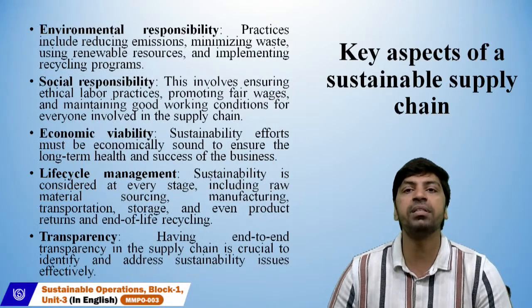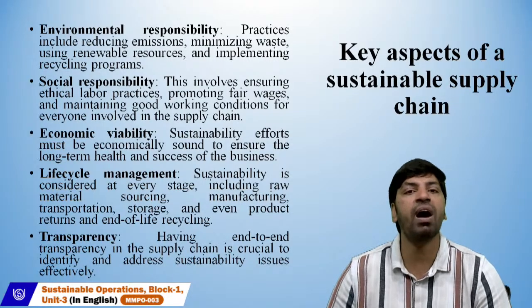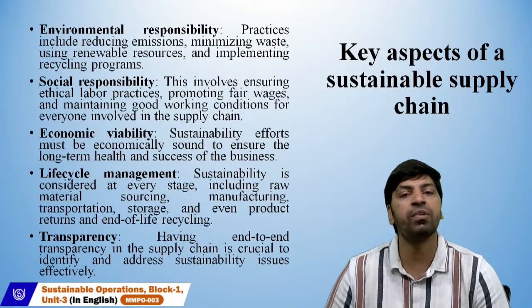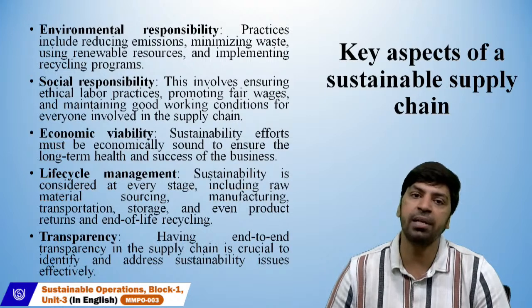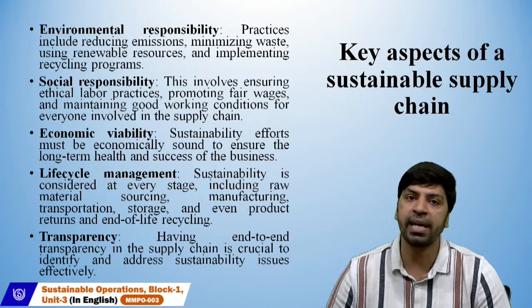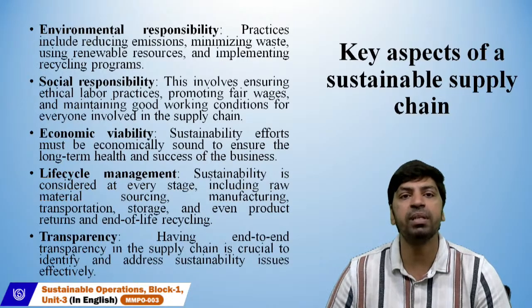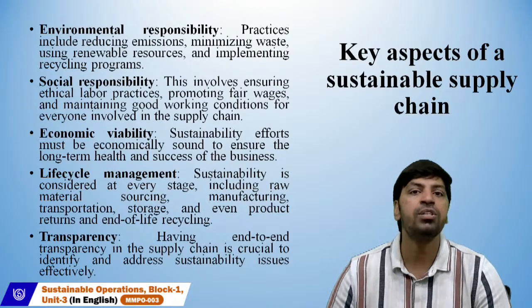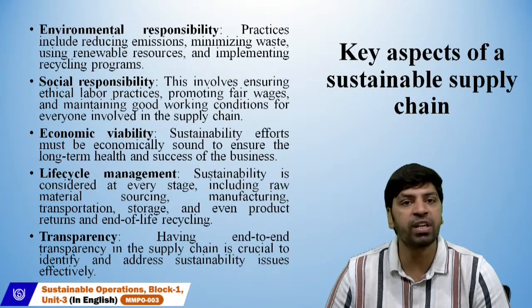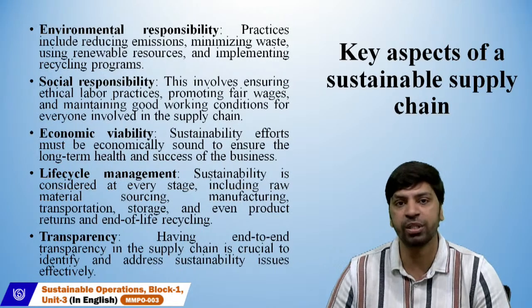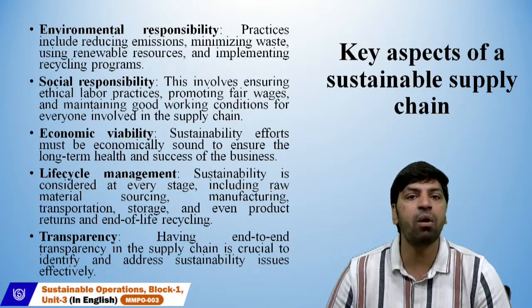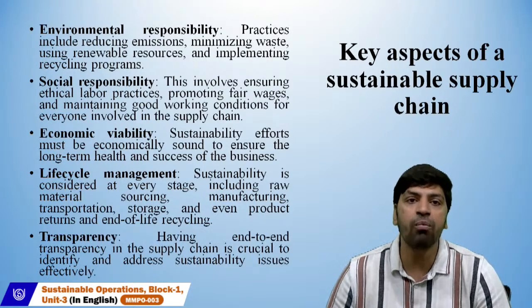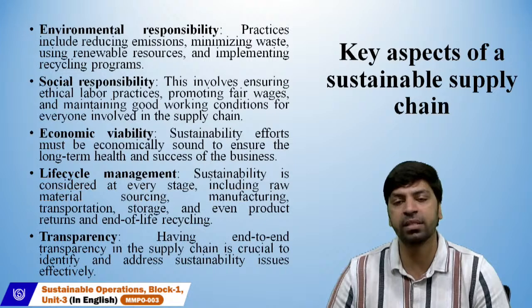Key aspects of the sustainable supply chain. The first one is environmental responsibility, then social responsibility, economic viability, life cycle management and transparency. Environmental responsibility is all about practices like reducing emissions, minimizing waste, etc. Social responsibility includes ethical labor practices, promoting fair wages, maintaining good working conditions, etc. Economic viability is about being economically sound to ensure the long-term health and success of the business.